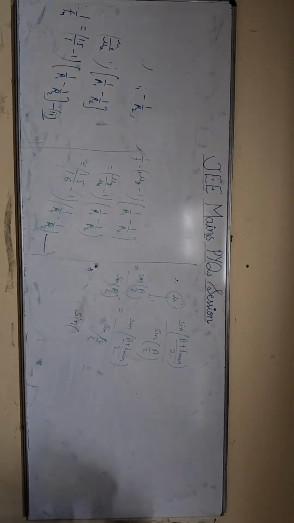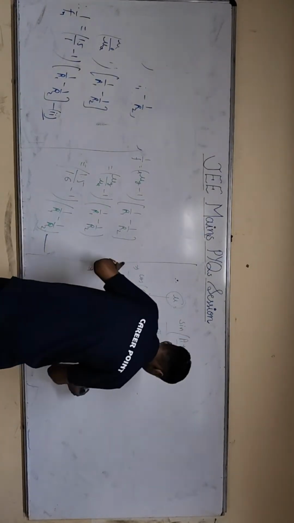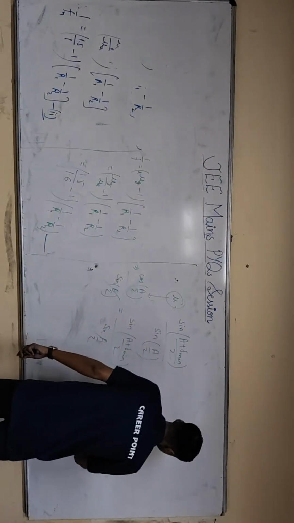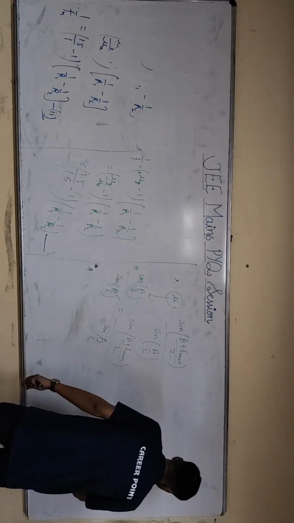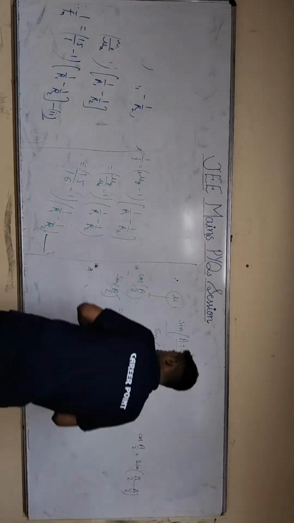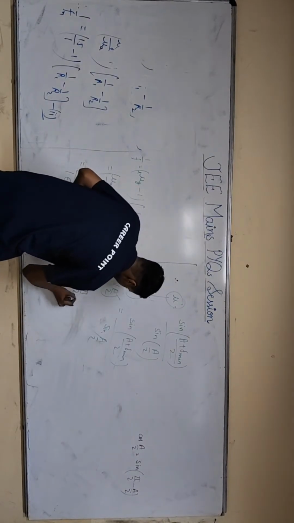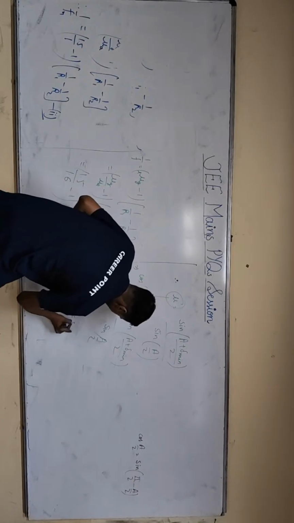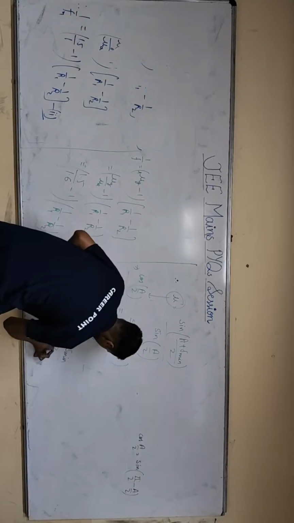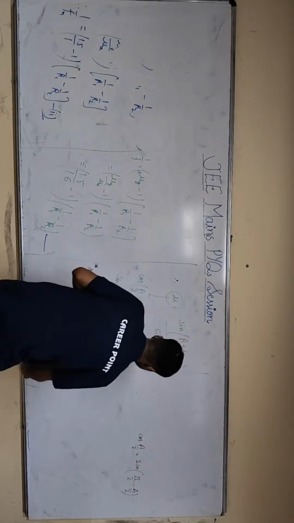You can also write cos A/2 as sin of (pi/2 minus A/2). So substitute the value of cos A/2 here, sin of (pi/2 minus A/2), equals sin of (A plus del minimum) upon 2. So here sin got cancelled, so it becomes like that.